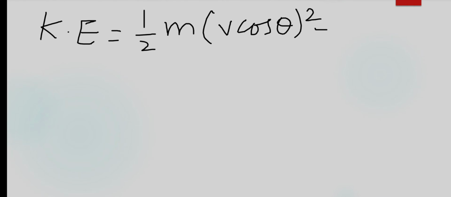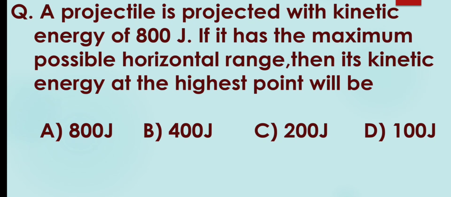So 1/2 m, the square of v is v square, and the square of cos theta is cos square theta. So KE at maximum height is equal to 1/2 m v square cos square theta.